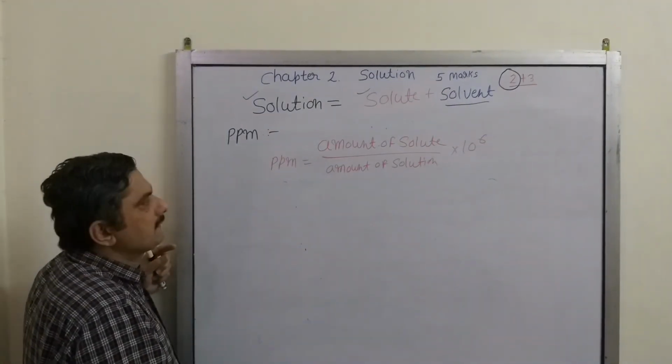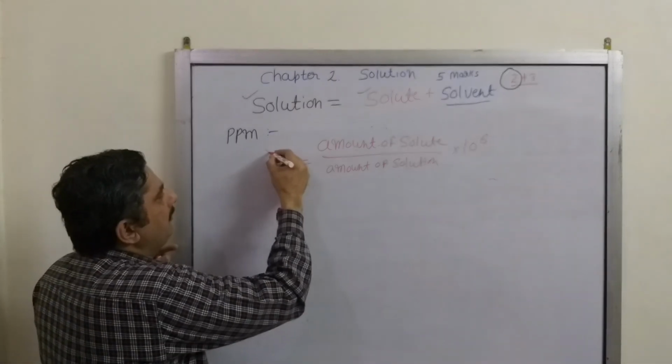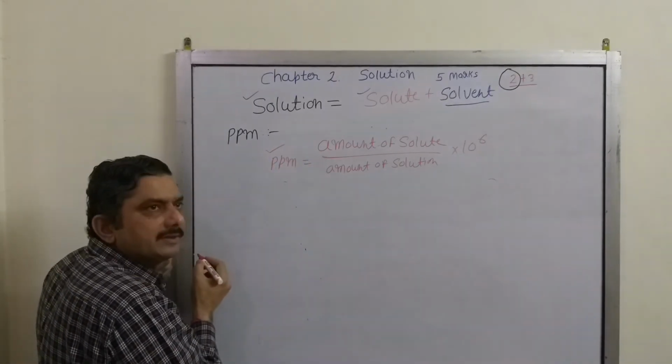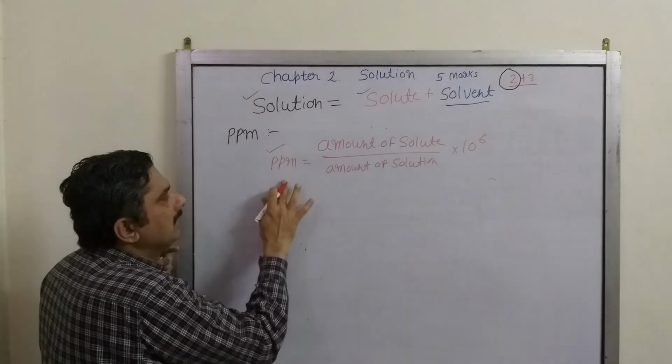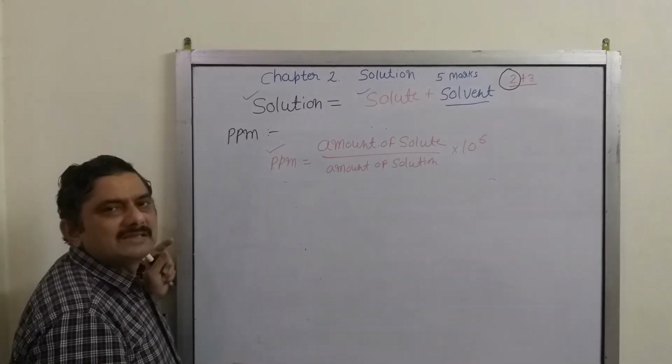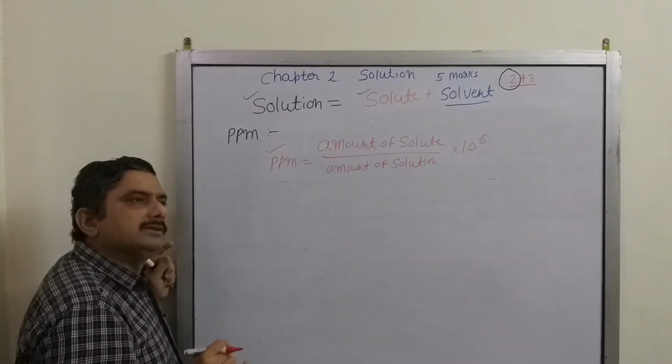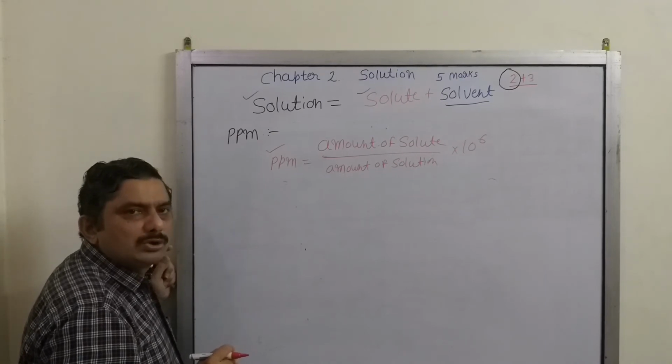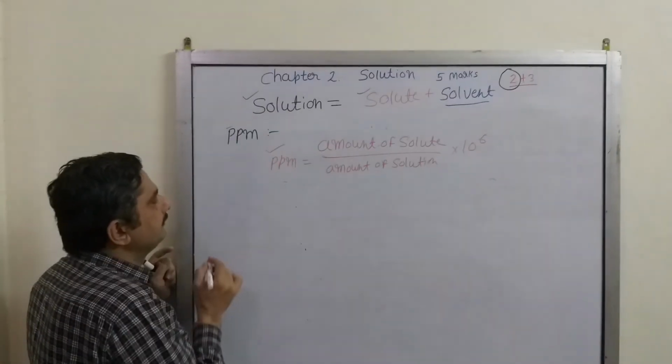With the help of this formula, we can determine parts per million concentration. It is used when the amount of concentration is very less. Generally, to calculate pollution, we use ppm.